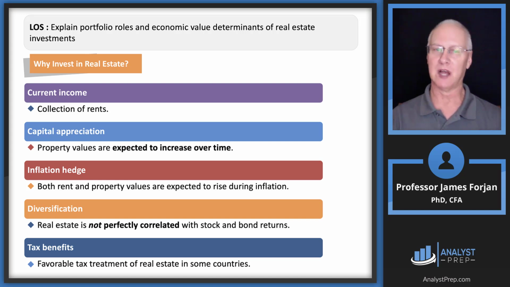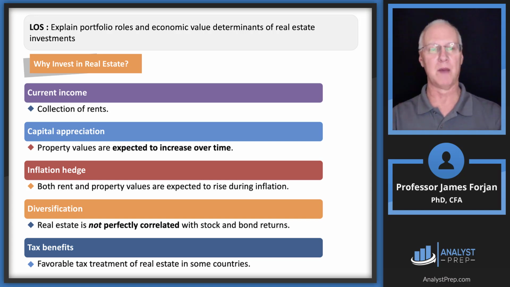It's not a perfect hedge, so don't think about it that way. And then, of course, you have to worry about things like what the government is doing in terms of controlling rents, zoning, and all those other things. But I think this is a good thing to remember. Look at what we have here: both rent and property values are expected to rise during inflation.